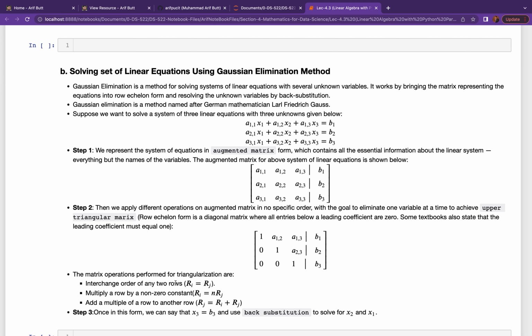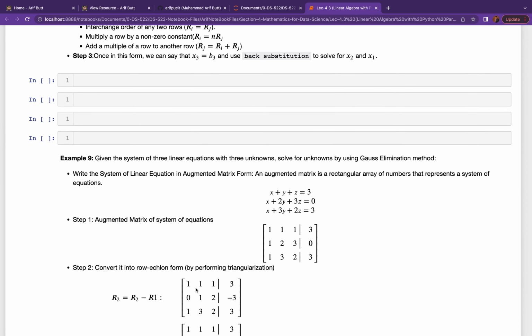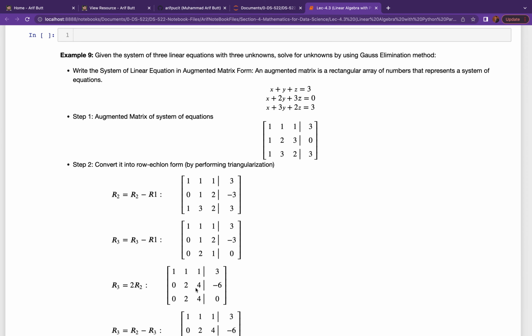So these are the three kinds of operations we do. And once we have the matrix in the row echelon form, we use back substitution to solve for all the unknowns. Great. So let us practically understand this with an example.